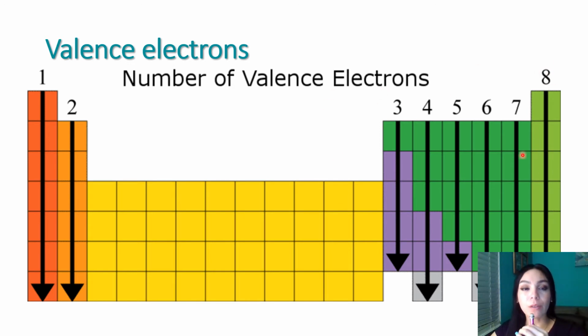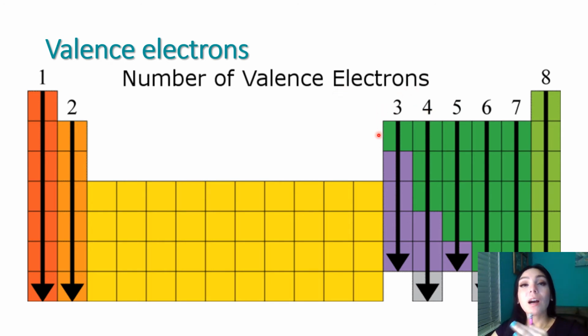So first group, 1 valence electron. Second group, 2 valence electrons. Third group, this is boron's group, 3, 4, 5, 6, 7, 8. So noble gases have 8. Halogens have 7, oxygen's group has 6, nitrogen's group has 5, carbon's group has 4.